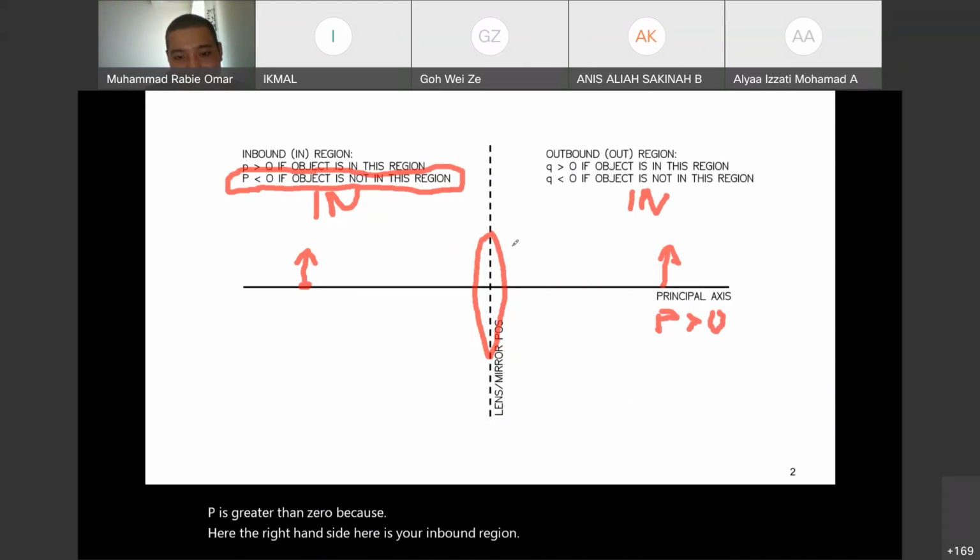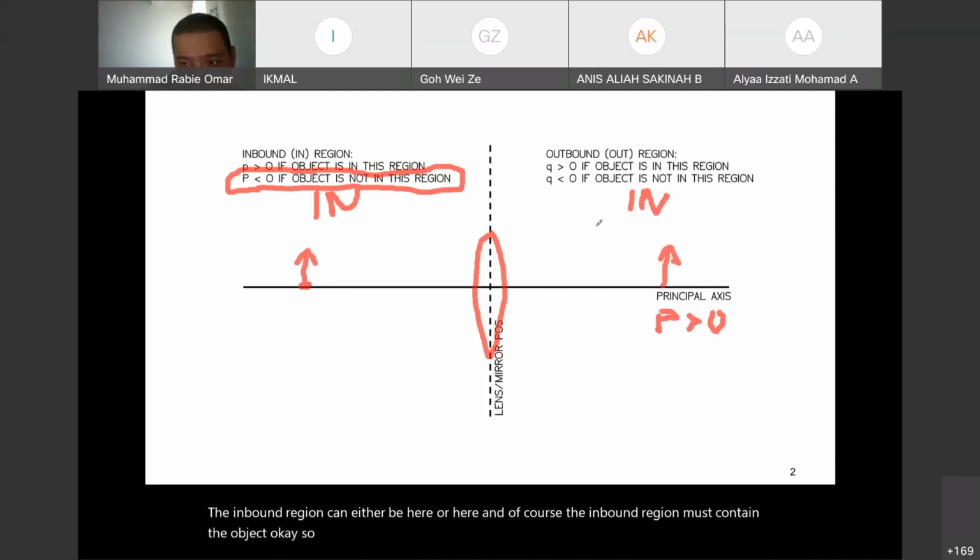So for lens, the inbound region can either be here or here. And of course, the inbound region must contain the object. Okay, so your object is here, then here is your inbound region. And then your value of P is greater than 0. It is very intuitive.